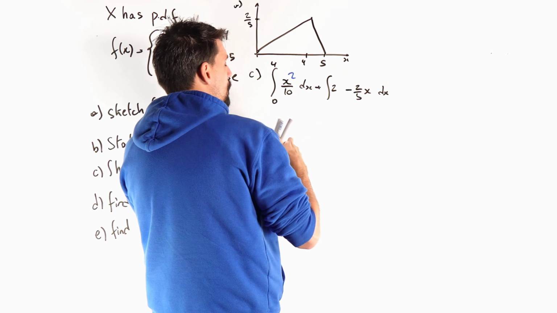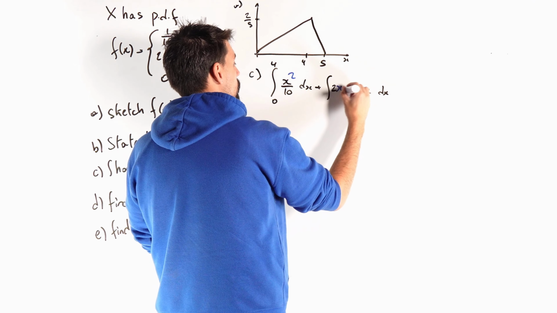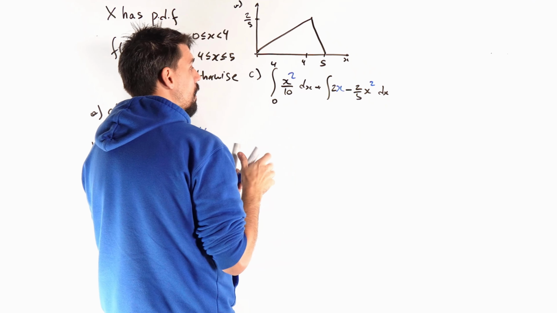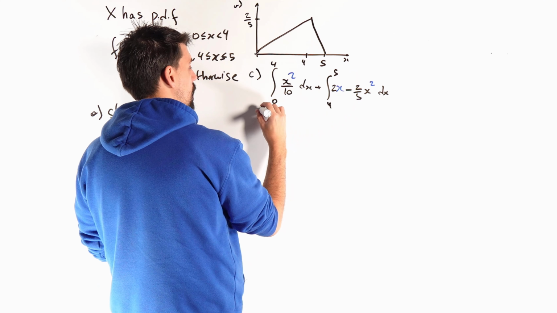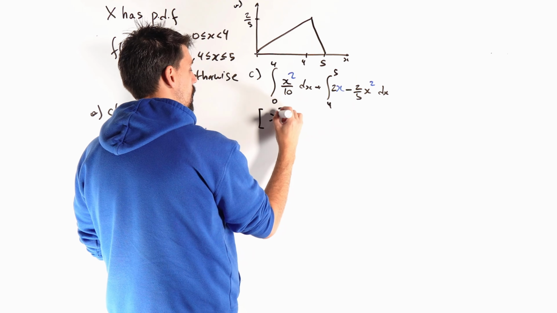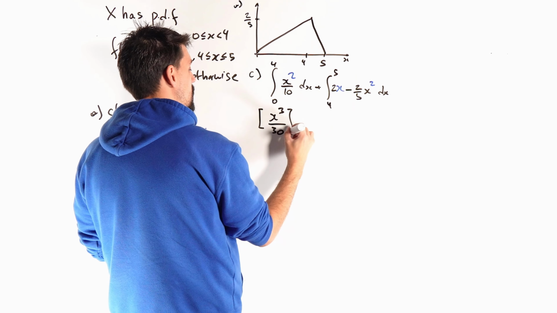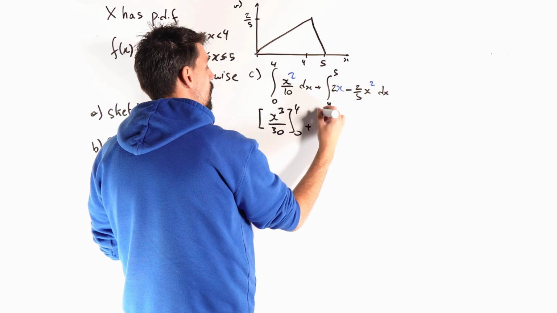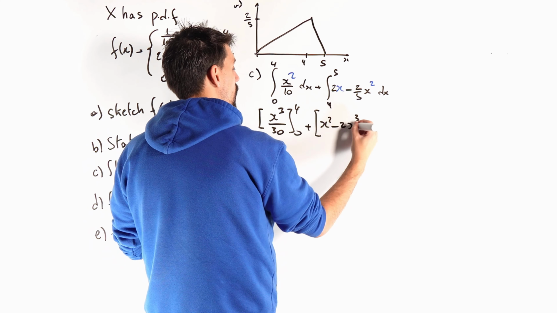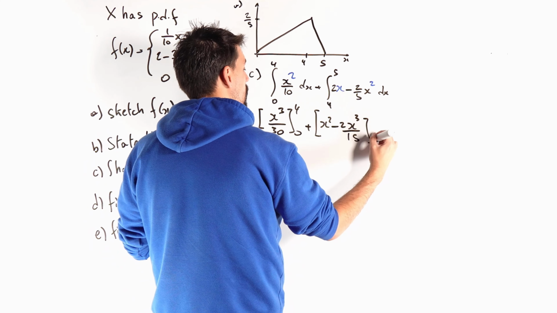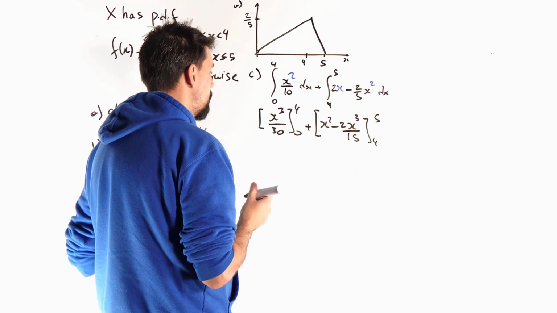Again, it's f of x times x, and this one is between 4 and 5. So that's going to give me x cubed over 30 between 0 and 4 plus x squared minus 2x cubed over 15 between 4 and 5.